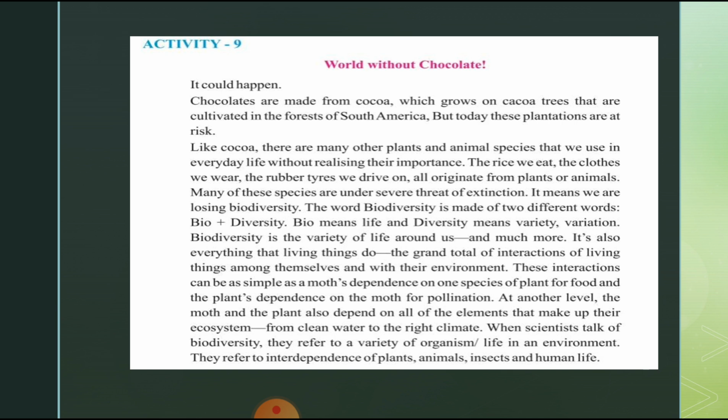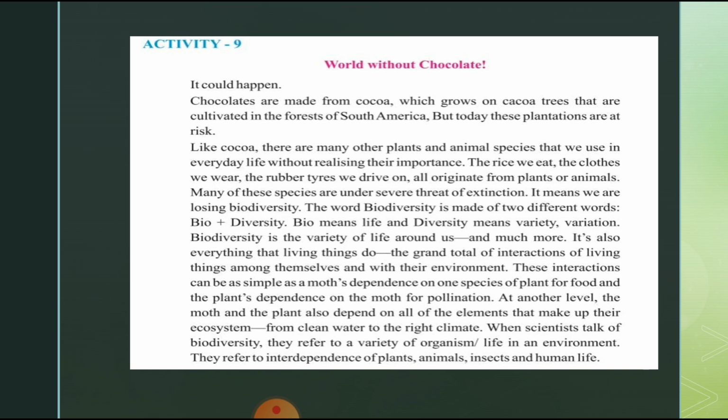At another level, the moth and plant also depend on the elements of their ecosystem, that is clean water and the right climate. An ecosystem is all the plants and living creatures in a particular area of our earth, considered in relation to their physical environment also.